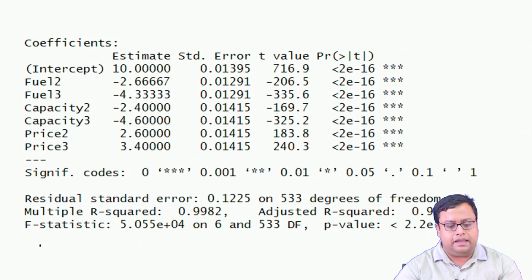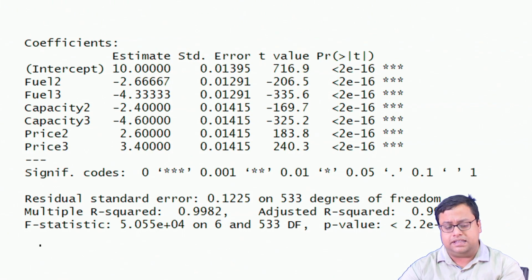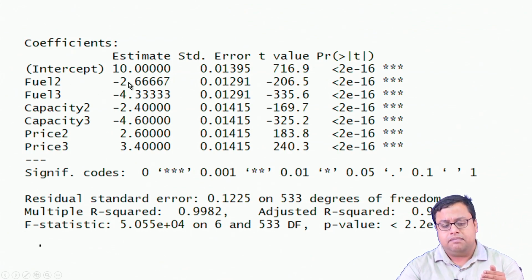So, if fuel 1 is diesel, if you remember, diesel, petrol and CNG. In comparison to diesel, petrol is preferred less, minus 0.266, but the least preferred one is CNG, which is minus 4.33.